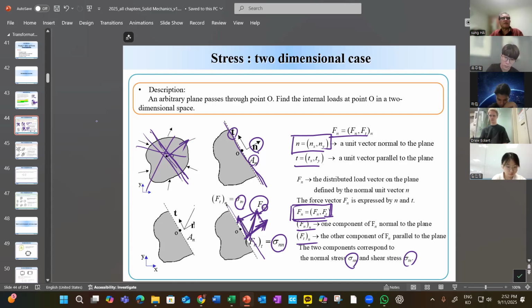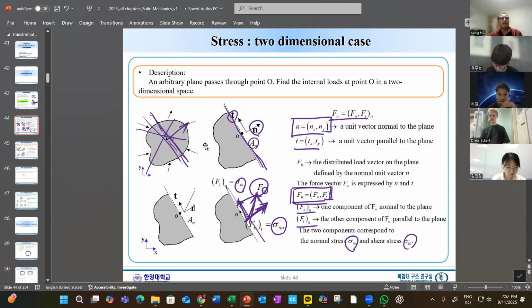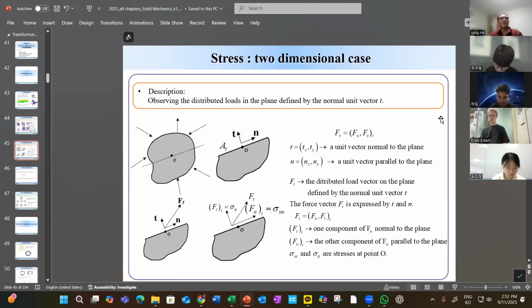Now, we already know much about the force vector, but stress is a higher order than a vector. Okay, let me get back to that point again, but let's keep on.